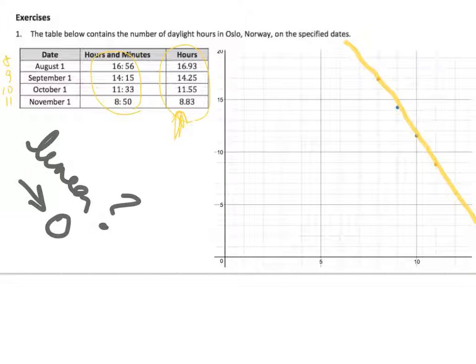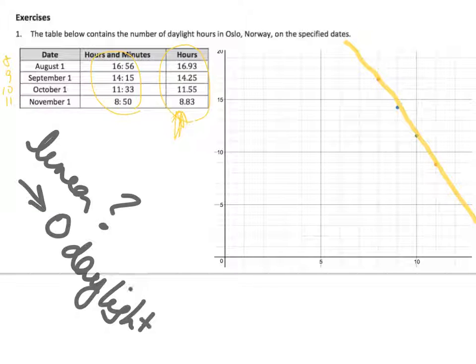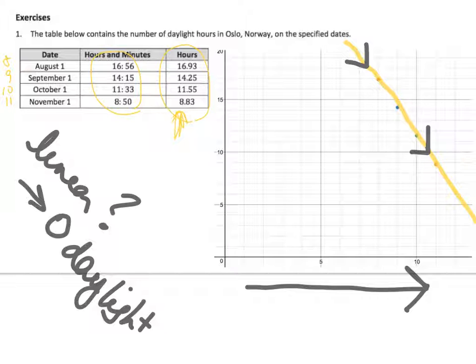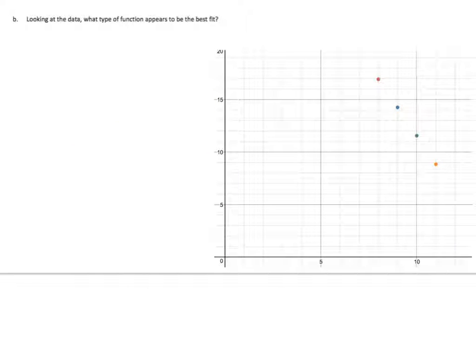I would have 0 daylight. That certainly doesn't make sense, does it? That would be my trend. As x approaches infinity, my function is approaching 0. So linear cannot be correct, can it? So that certainly doesn't work.